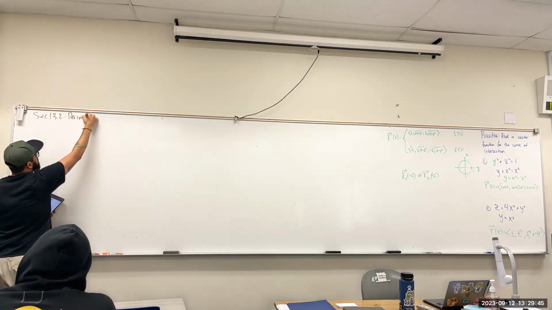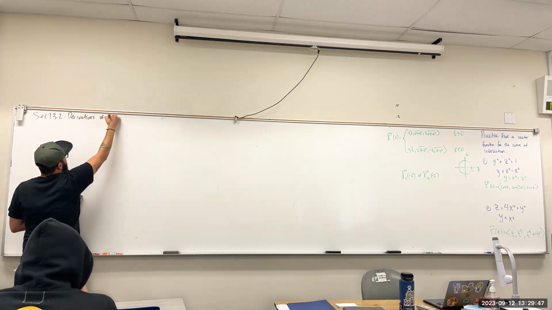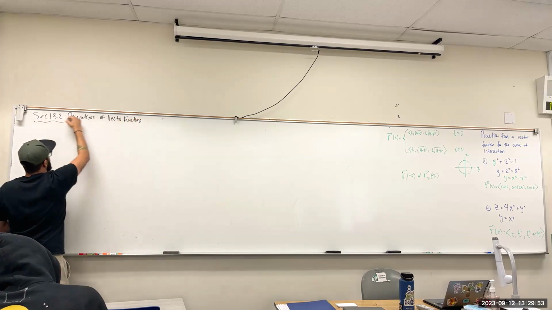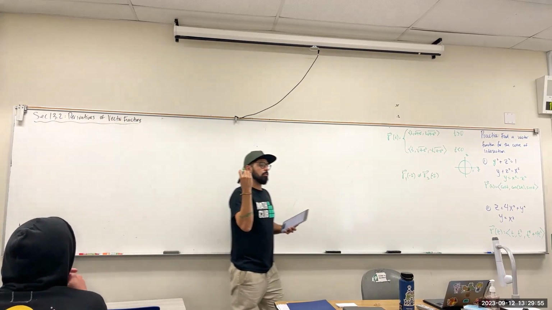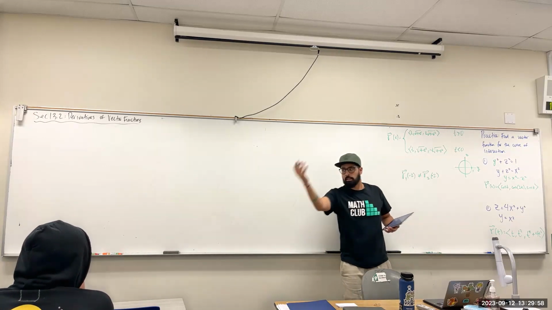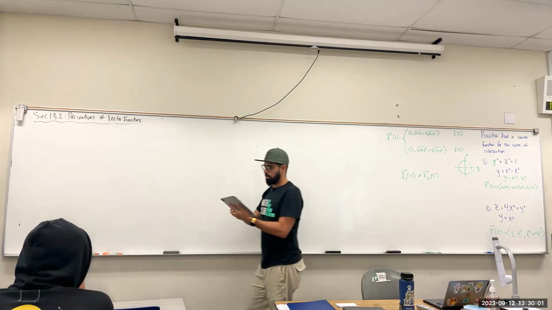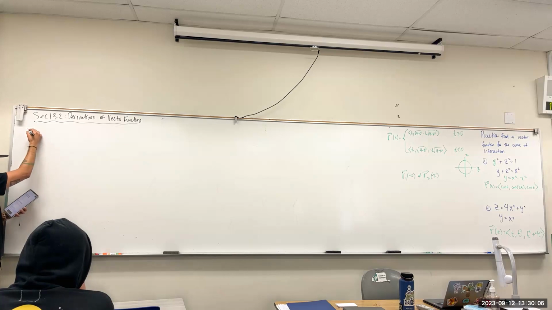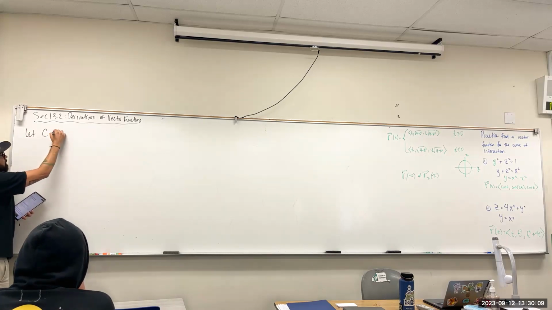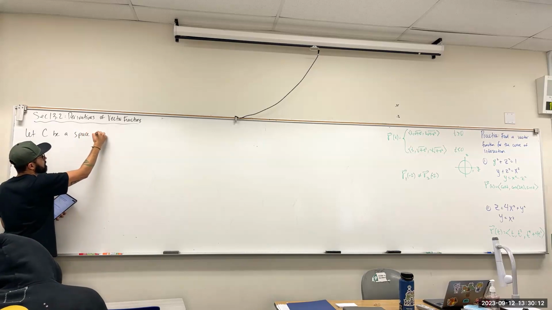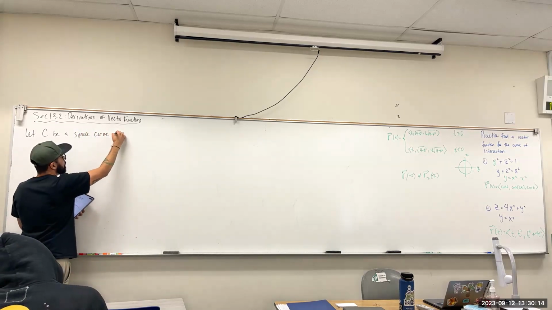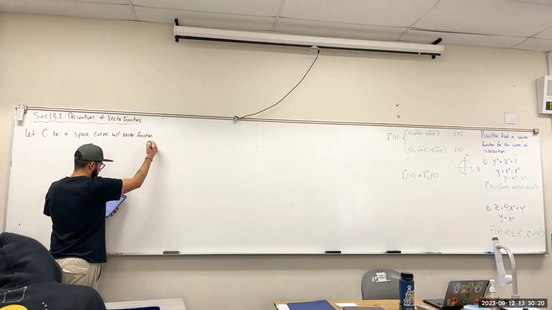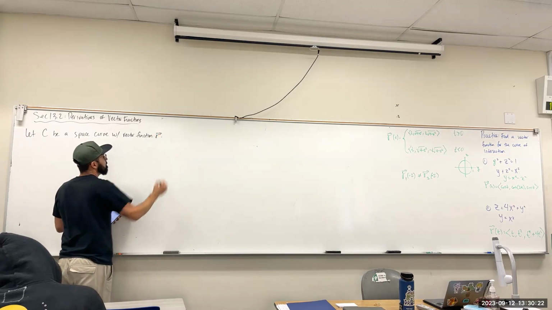So derivatives of vector functions. Let's talk about that first. You learned derivatives and their connection to slopes of a tangent line in Calc 1, right? So let's see what this is going to be. Let C be a space curve with vector function r, some vector function r.